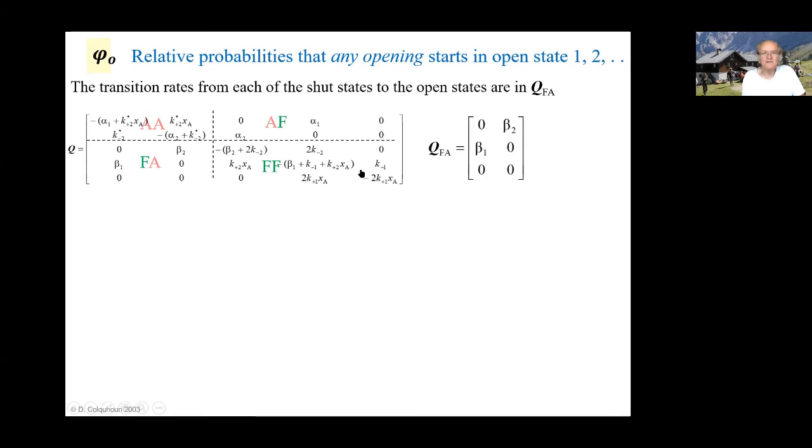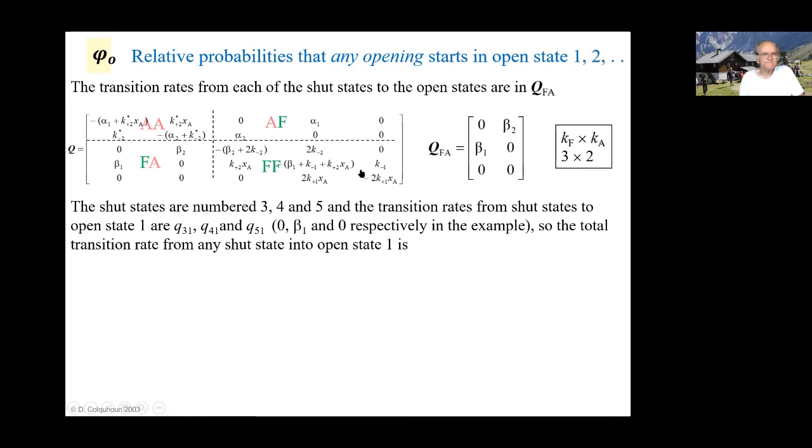In this particular instance, it looks like that. The shut states are numbered 3, 4, and 5. The open states are numbers 1 and 2 in this particular mechanism. And the transition rates from shut states to open state 1 are Q31, Q41, and Q51. In this case, that's 0, beta 1, and 0, respectively.